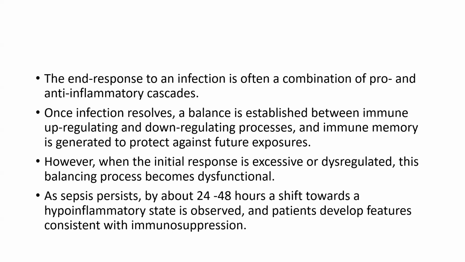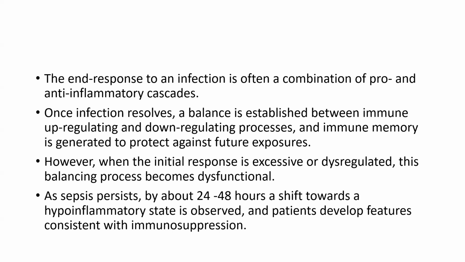The normal response to infection is often a combination of pro- and anti-inflammatory cascades. Once the infection resolves, a balance is established between immune upregulating and downregulating processes, and immune memory is generated to protect against future exposure.